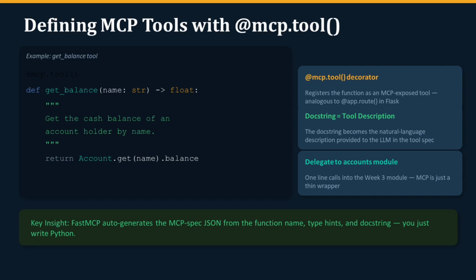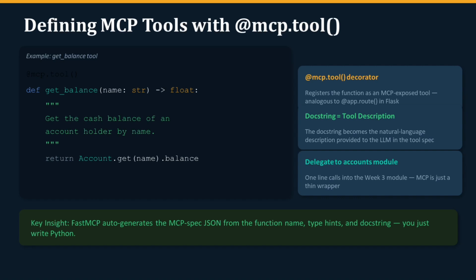Then the docstring equals the tool description, where you describe the tool. The docstring becomes the natural language description provided to the LLM in the tool spec. Then delegate to the account module, a one-line call into the account module. MCP is just a thin wrapper. Here I mentioned the code of it.